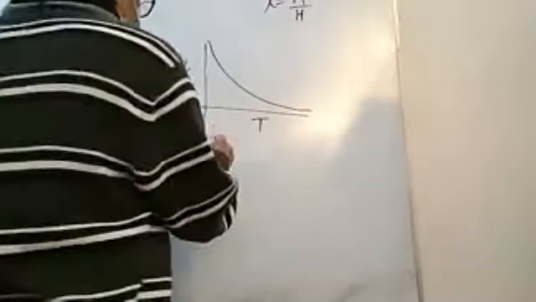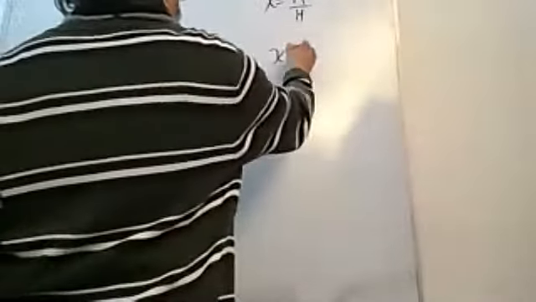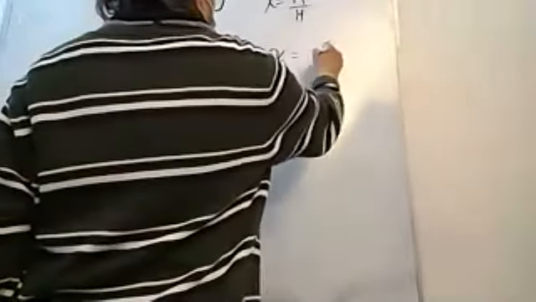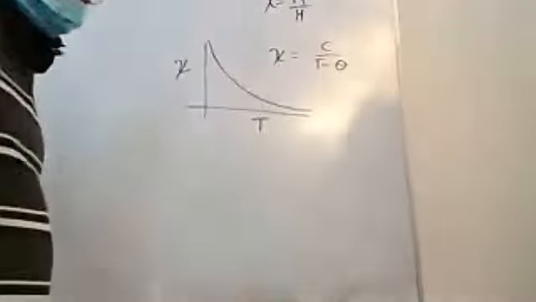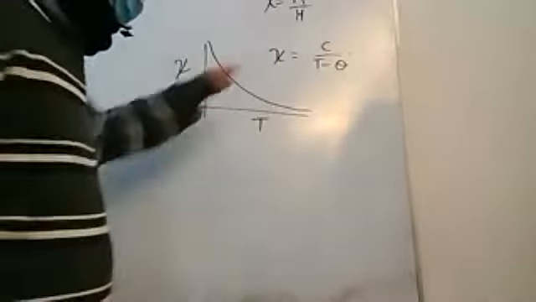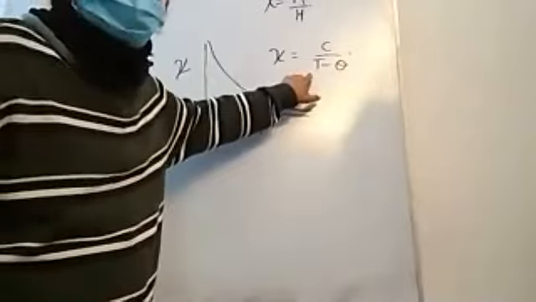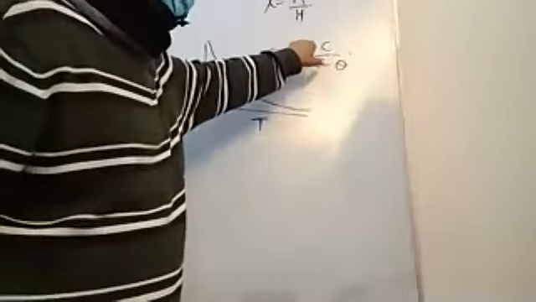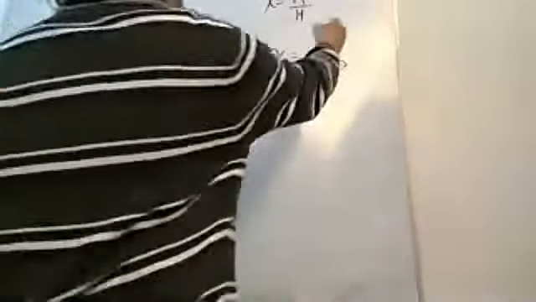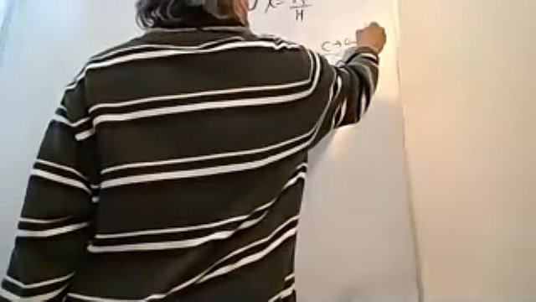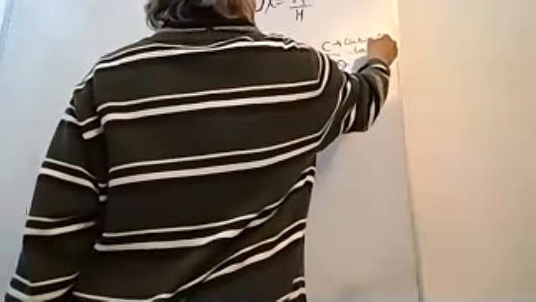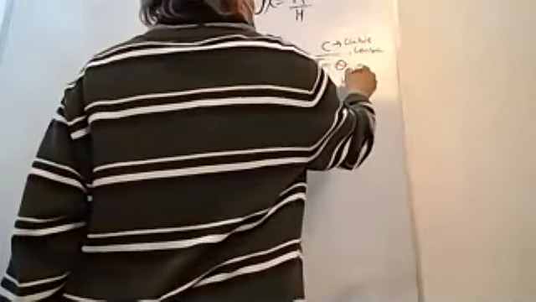So this one can be fit into what is called a Curie-Weiss equation. Susceptibility and temperature are related in non-interacting spins by an equation called Curie-Weiss law, where C is the Curie constant and theta is the Weiss constant.